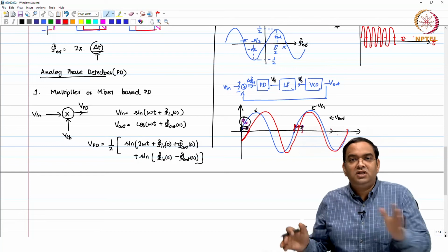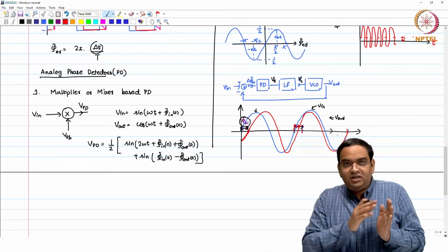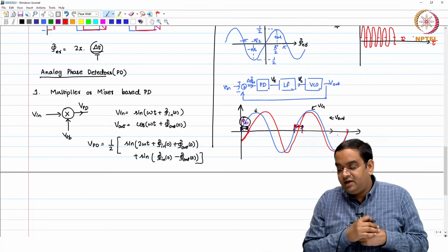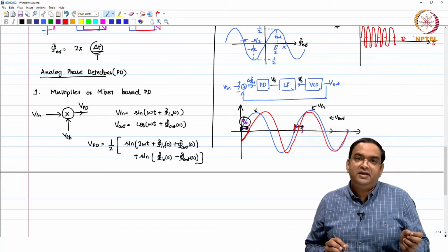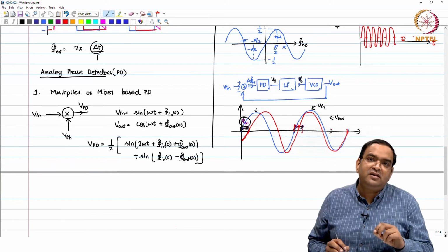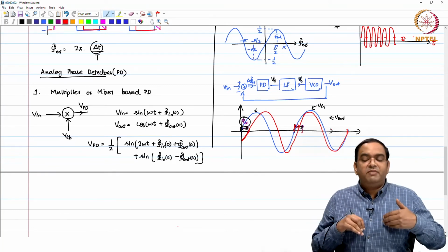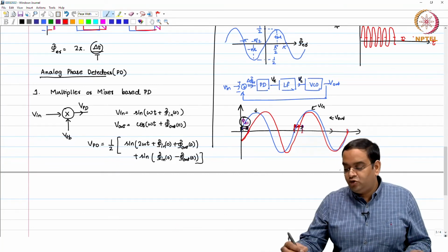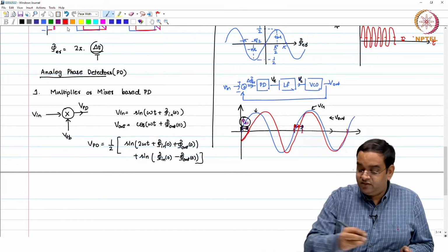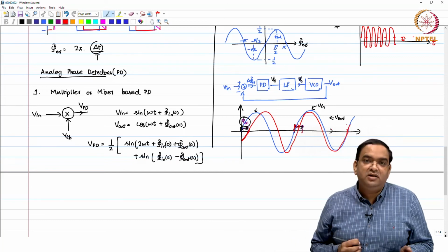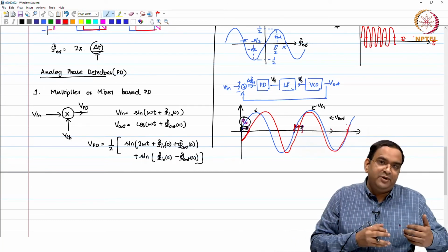All these things depend on the other components in the PLL, but this is what is going to happen in an actual PLL. When they align, at that time the phase error is 0, and if the phase error is equal to 0, the control voltage will return to the same value. So, you will have both the input and the output sine waves following each other. That is how tracking happens.